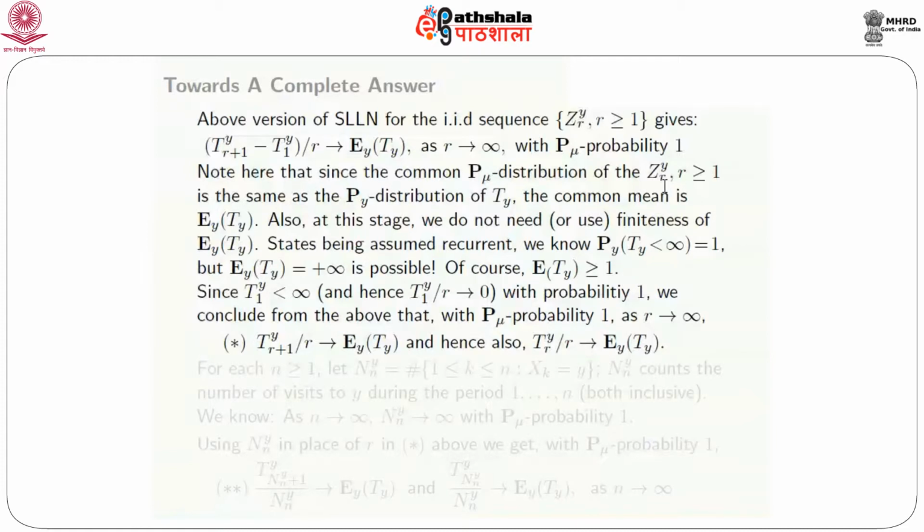So therefore, by using this, we conclude that with p mu probability 1 as r goes to infinity, just tr plus 1y over r converges to ey of ty. And of course, if tr plus 1y over r goes to ey of ty, then you can easily verify, it's simple, that try over r will also go to ey ty, because r plus 1 over r goes to 1.